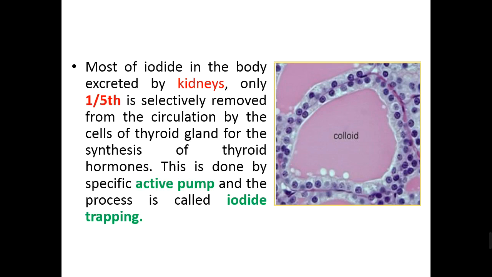This is done by a specific active pump, and the process is called iodide trapping, achieved by a specific active pump that will take the iodide from the circulation into the thyroid cells.